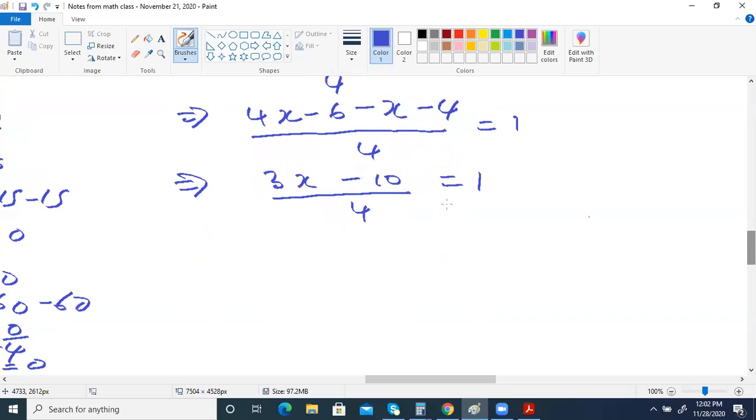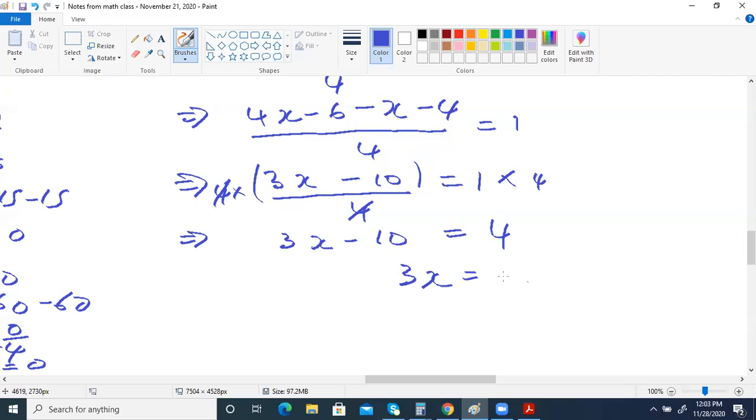Now you can just multiply both sides by 4 to remove the fraction. So 4 multiplies this side and 4 multiplies here. The 4s cancel, and then you have 3x minus 10 equal to 4. So this is simple stuff now. We can deal with this. So this is 3x. I'll add 10 to both sides.